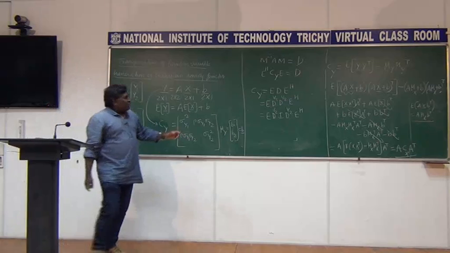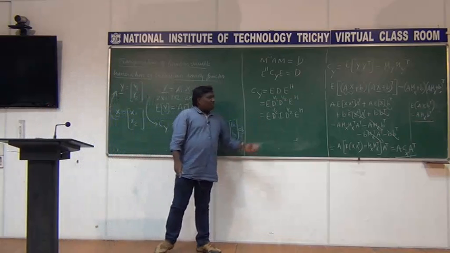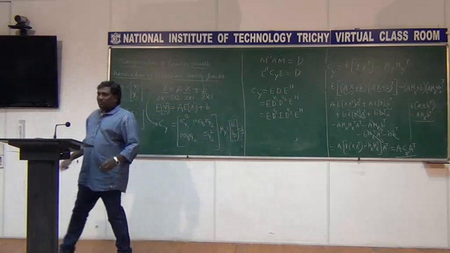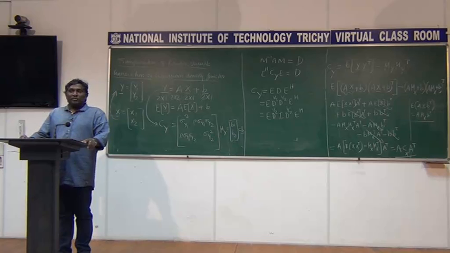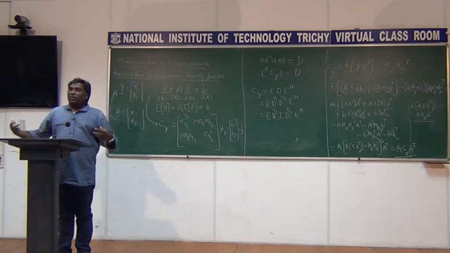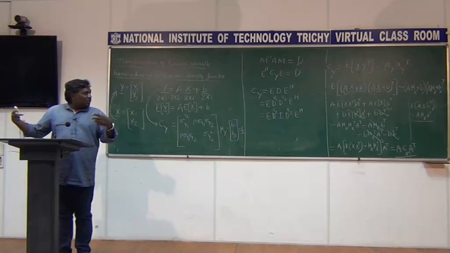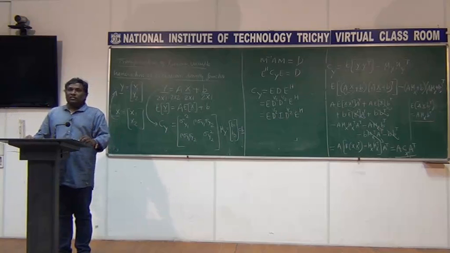I am purposefully writing it like this. Is there any reason? To get A. Good. Cy is E D power of half, I, D power of half, E H. What is my A?